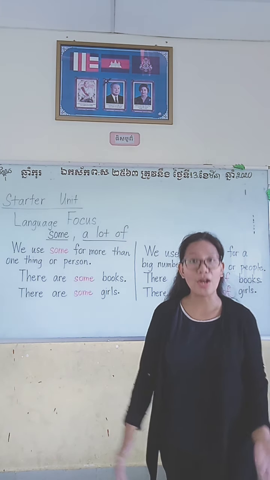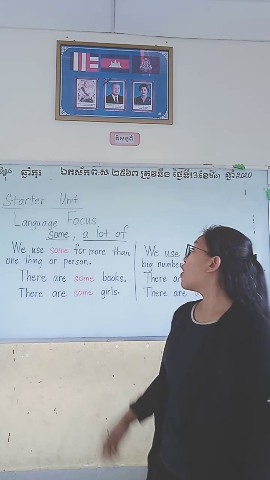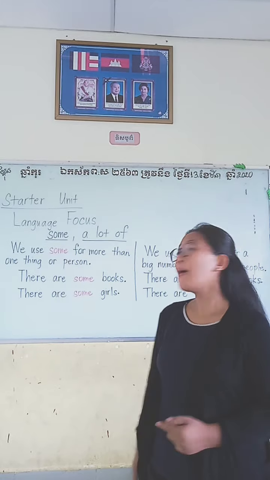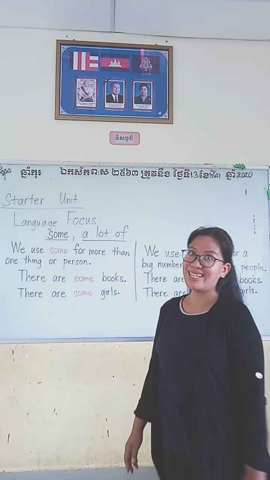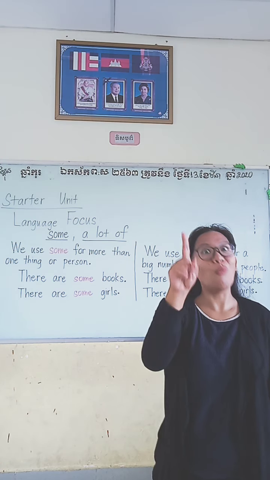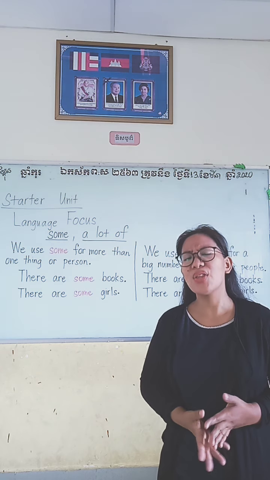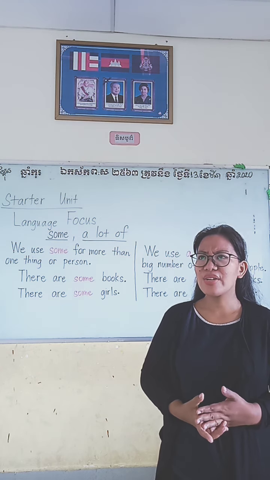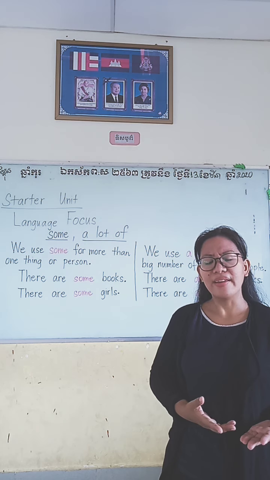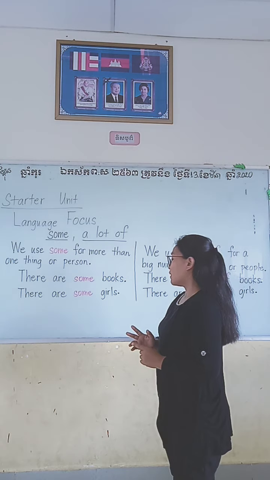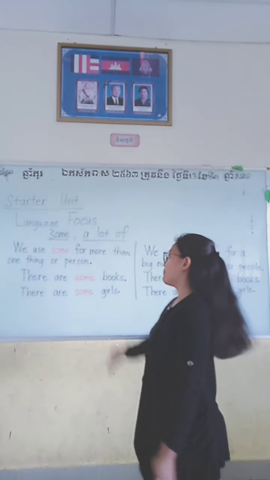Let's say it together. We use some for more than one thing or person. So that means it should be more than 1. 2, 3, 4, 10, 20, 30, 100, 200. Okay, now let's just read the examples.